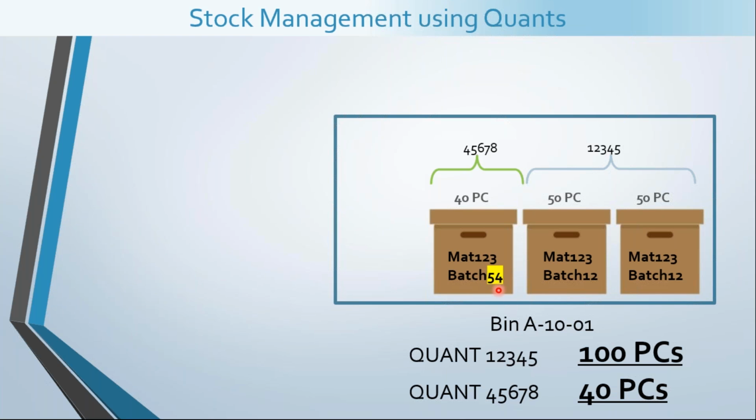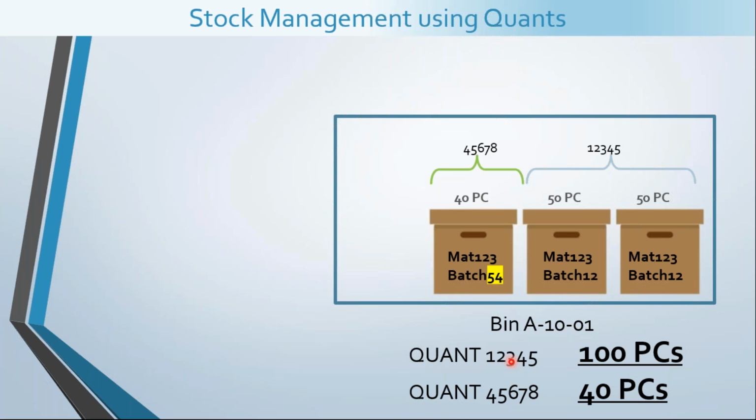So what it actually does is it creates a new quant, let's say 45678, and then this quant has 40 pieces and the existing quant still has 100 pieces. So no change in the quantity belonging to the first quant. Okay, so when we bring in new stock, depending on the attributes, system decides if it has to create a new quant or if it has to update the quantity in an existing quant.